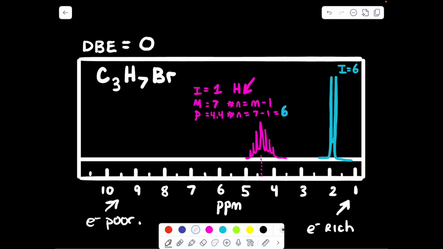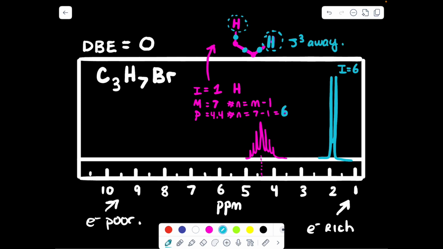So what do I know about this hydrogen, the pink hydrogen, in summary? I have one H, and if it's connected to a carbon and has 6 neighbors, the neighbors are going to be J3 away. What does this mean? If I start at this hydrogen and count the number of bonds, 1 bond, 2 bonds, 3 bonds, this would be J3 away.